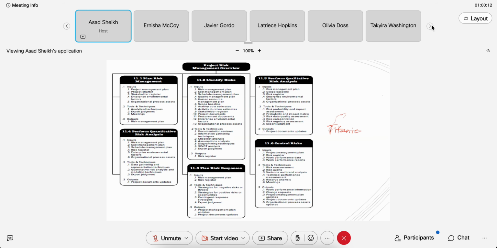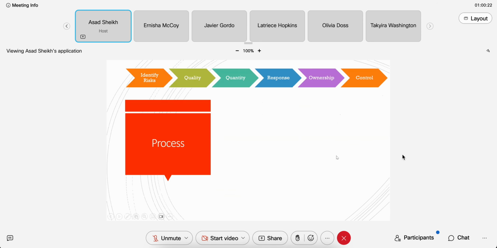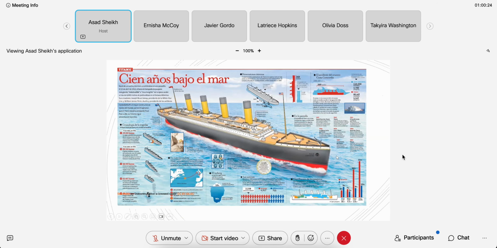I have a slide on Titanic, and it's not in your stack, but it's okay. Let's go there. I'm going to show you what Titanic looks like. This is the ship. It's all in a different language, so you won't be able to read it.